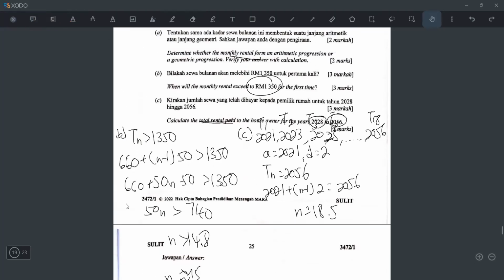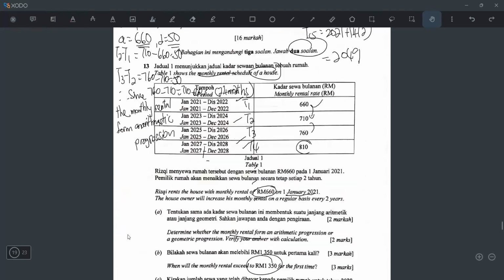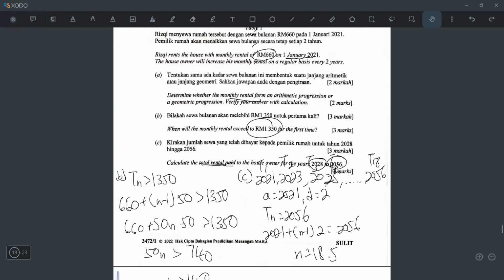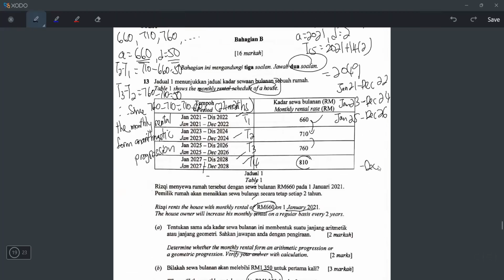Or we can also think about it this way. Okay, I think I know what the problem is here. I'll explain it using another way. If you look carefully here, the starting is January 21 until December 22, right? Then followed by January 23 until December 24, 2024. Then January 25, December 26. So if you want to know until 2056, it means I'm asking until December 56.